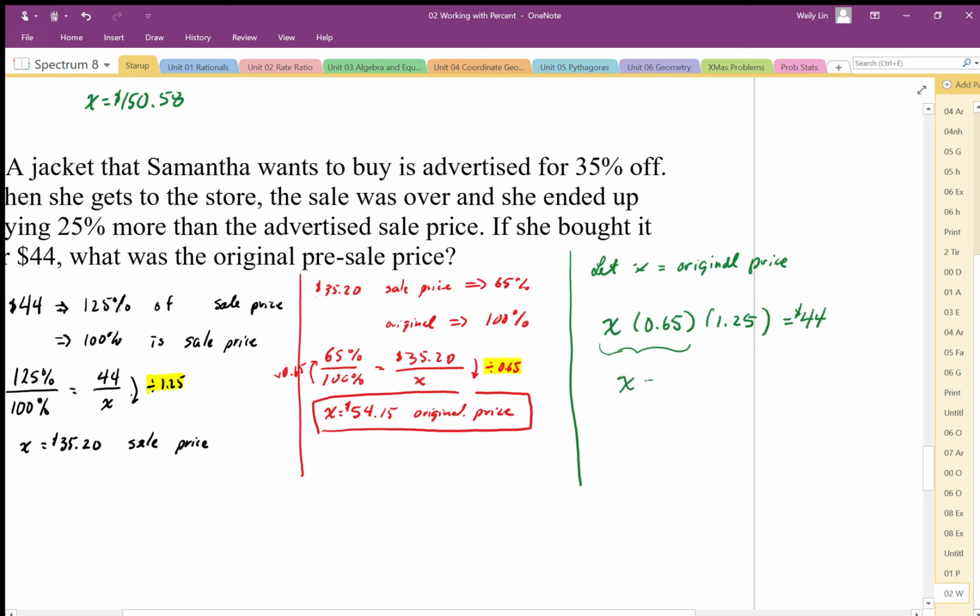So x is equal to 44 divided by 125% and divided by 65%... rather, times 65%, and divide by 125%. So there's my divide showing up. Now instead of doing two separate steps like this, I can do this all in one calculation. And when I do that, I get the same answer, $54.15.